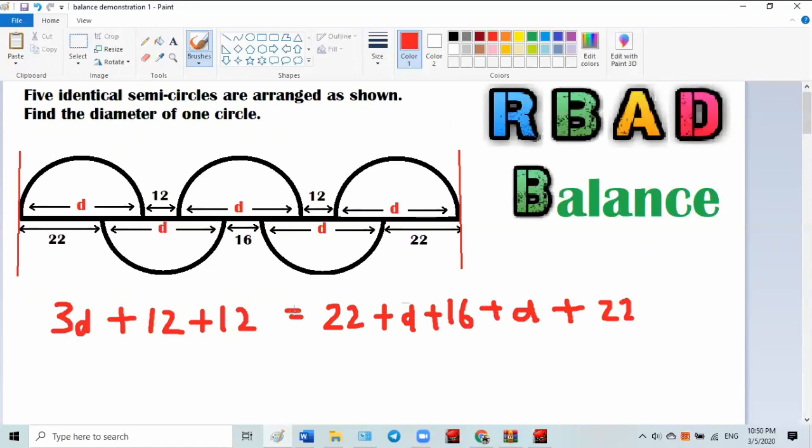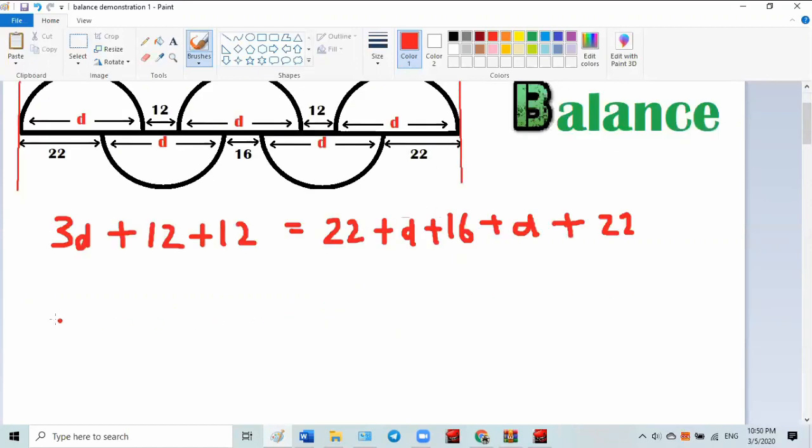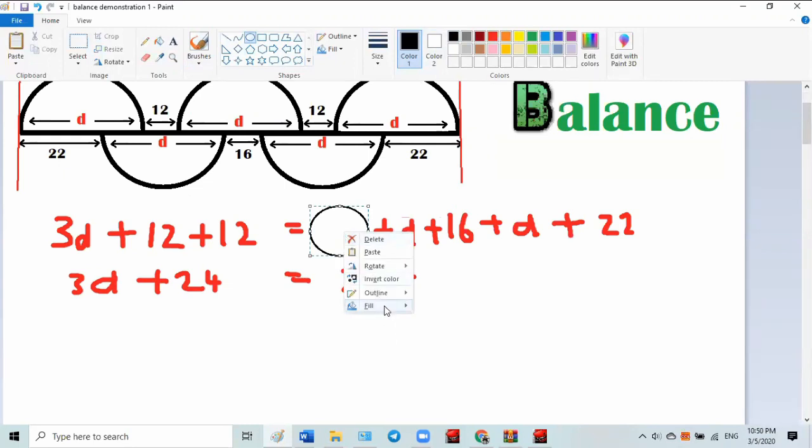So we continue to simplify this, whereby we have 3D plus 24, since 12 plus 12 is 24, equal to 2D plus 22 plus 16 plus 22.